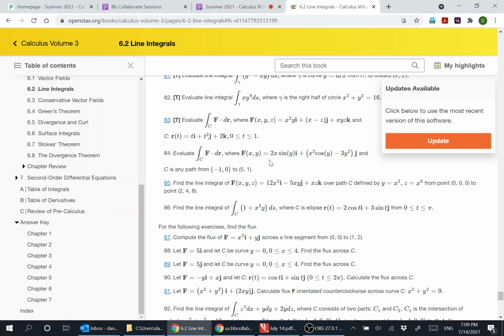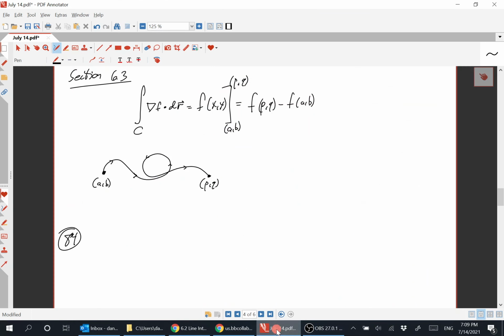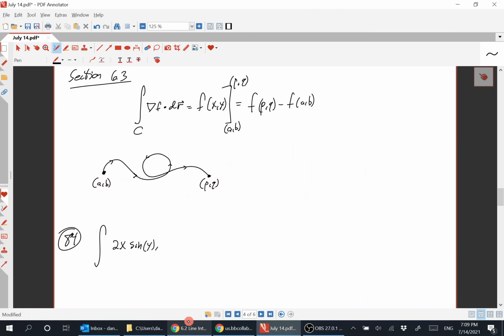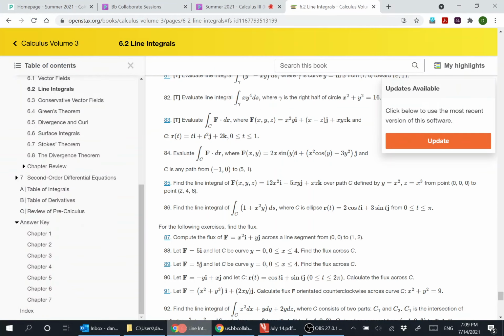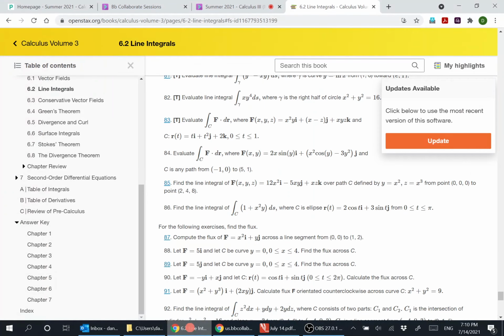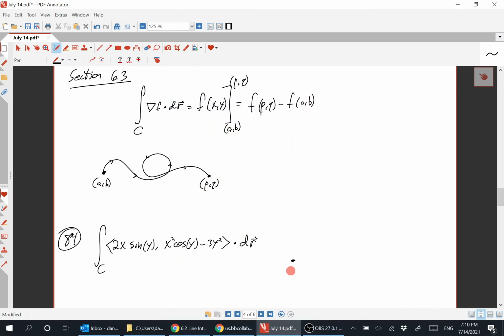So what do we have here? 2x sine y, x squared cosine y minus y squared, minus 3y squared. So calculate this, where C is any curve going from minus 1, 0 to 5, 1.